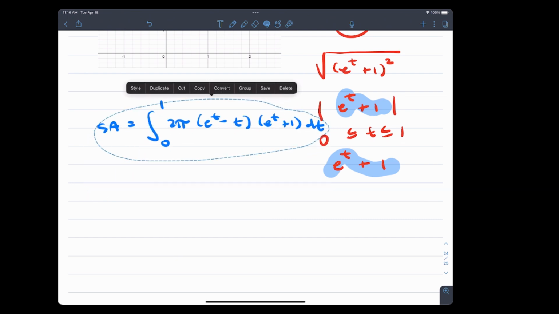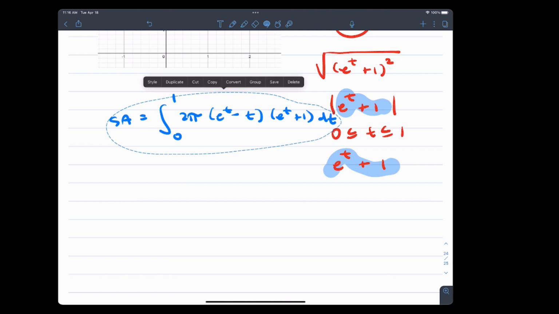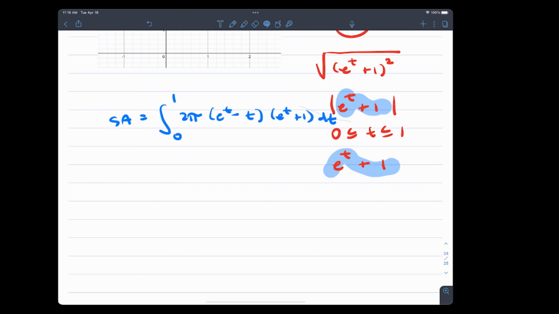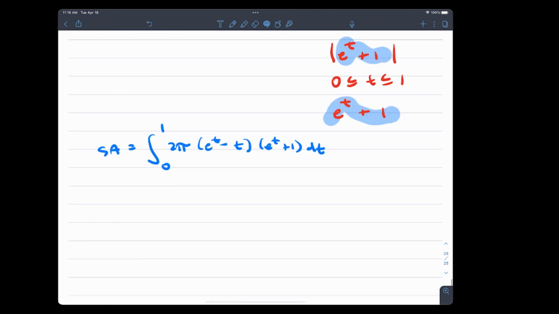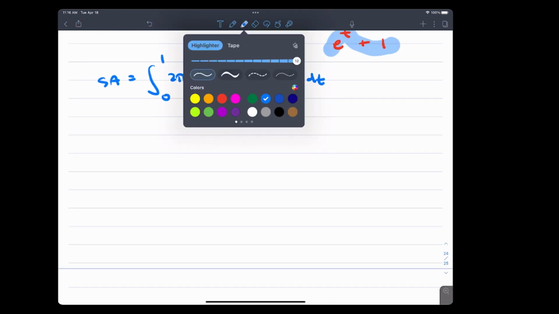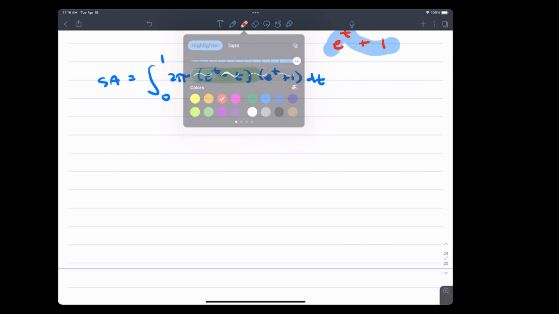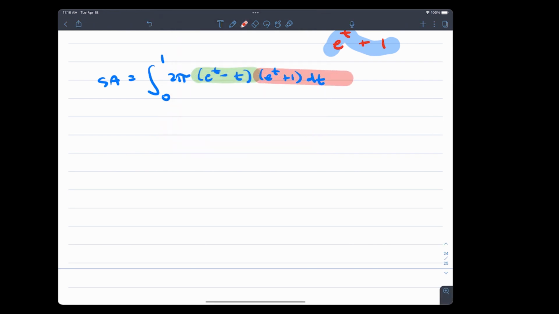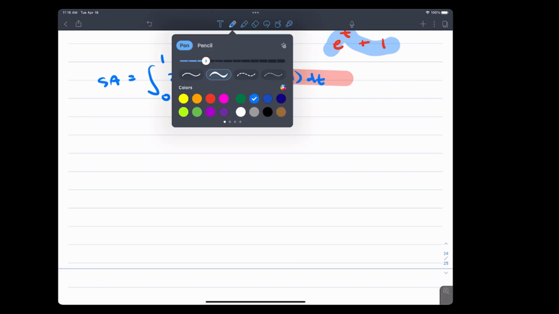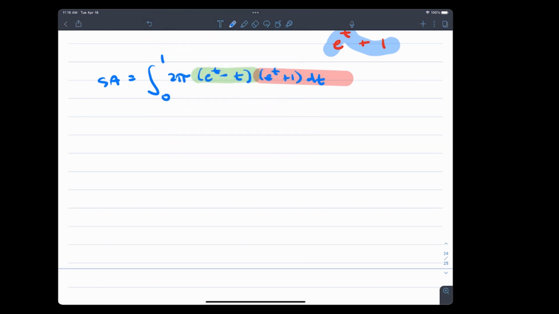Okay, let me undo that. Here's that x value, and here is ds. Or your r, if you want to think of it that way. Here's the r, which is x, and there's your ds.